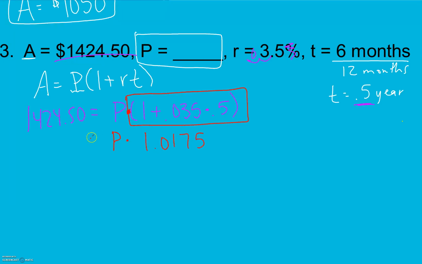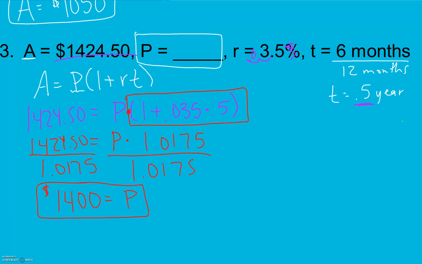Remember, that's times my P value there, my principal. To get rid of the multiplication, we're going to divide. And when I divide here, I get $1,400 to be my principal. And since we're talking principal, that's going to be labeled as money.